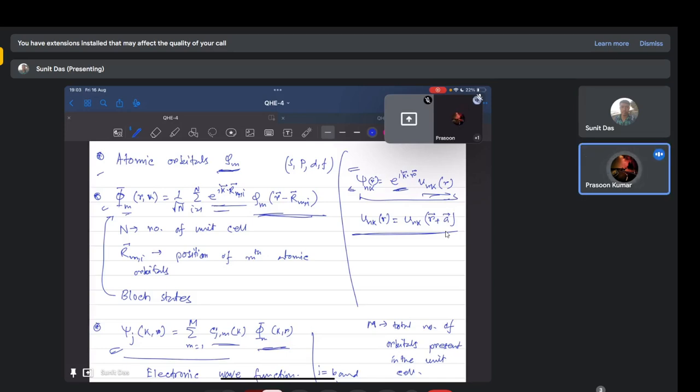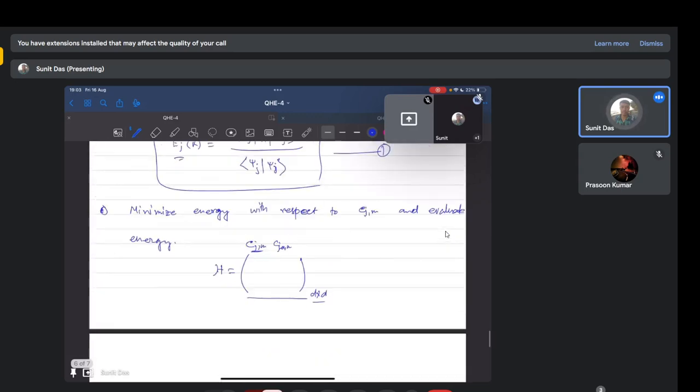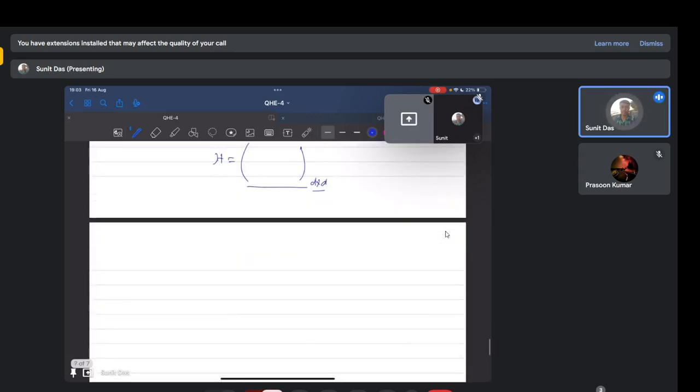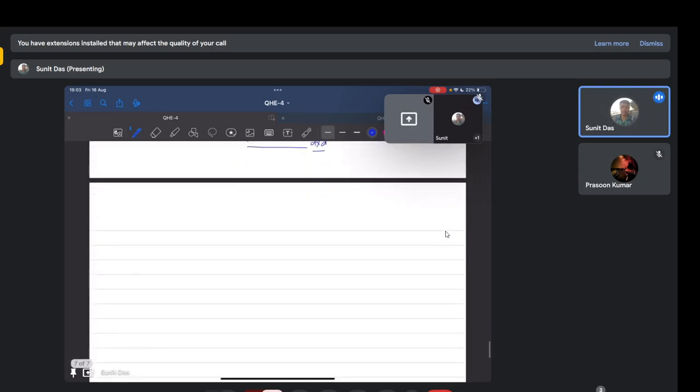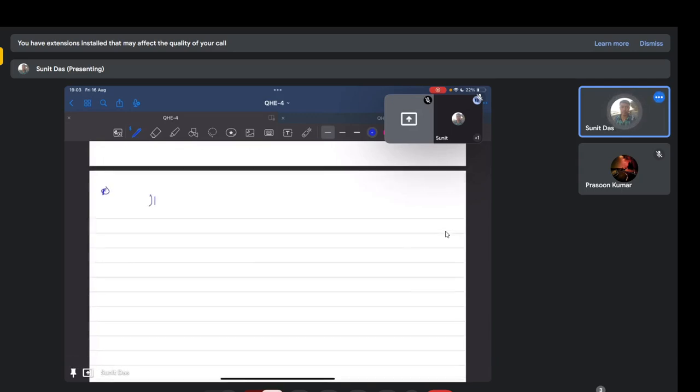Okay, so from equation 1, if we minimize with respect to CJM, we'll get some Hamiltonian or energy expression, equation rather, something like this: H tilde psi j equals EJ S psi j. Again, psi j is the electronic wave function, EJ is the energy.